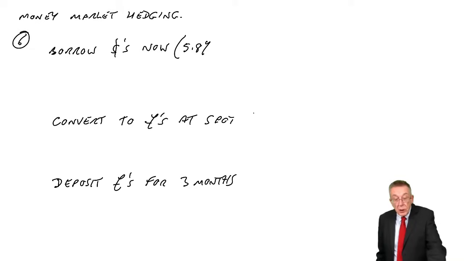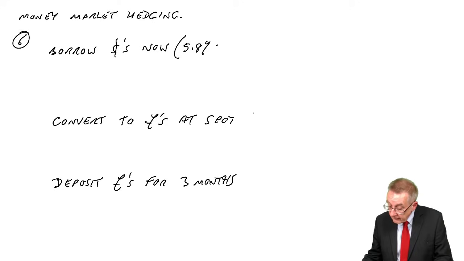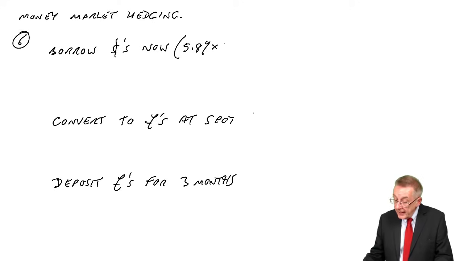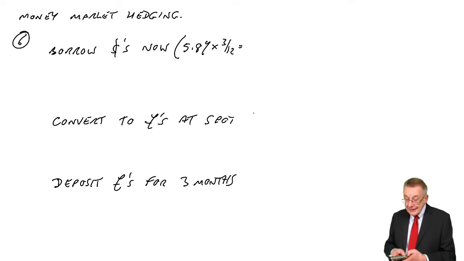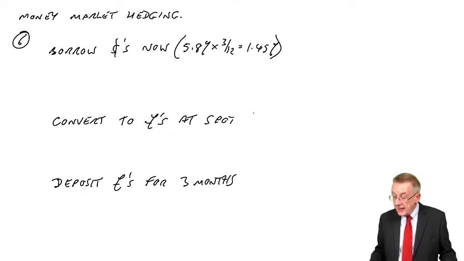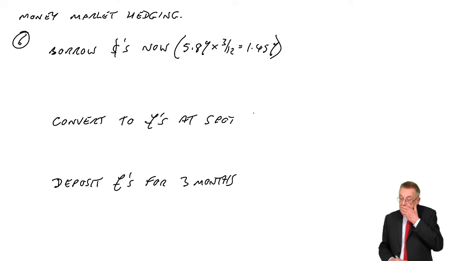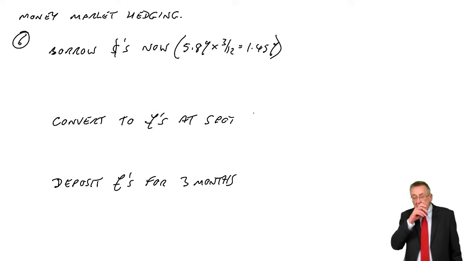We're only going to be borrowing for 3 months. And so the actual interest we'll pay will be 3/12 of that. So we'll borrow dollars at, the actual interest we'll pay is 1.45%. Well, how many dollars can I afford to borrow?